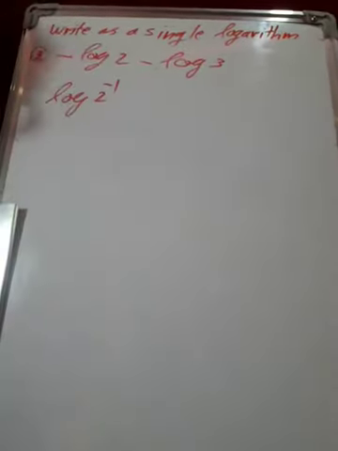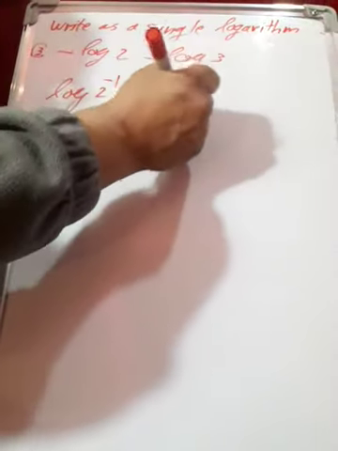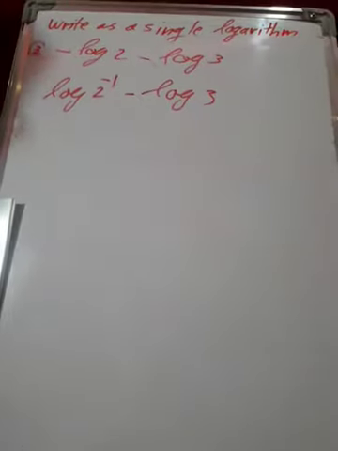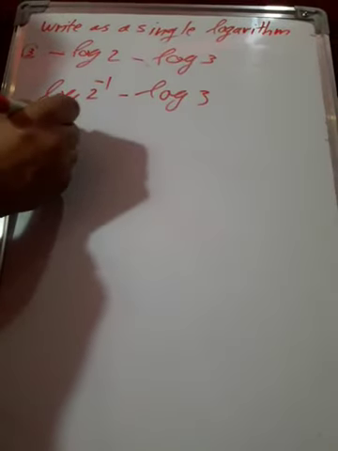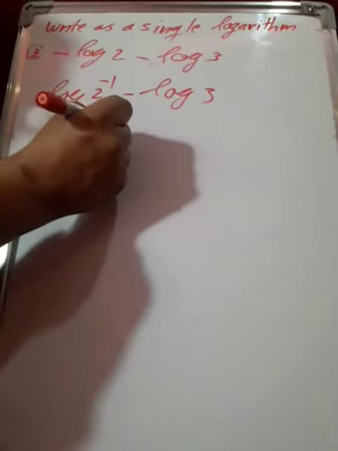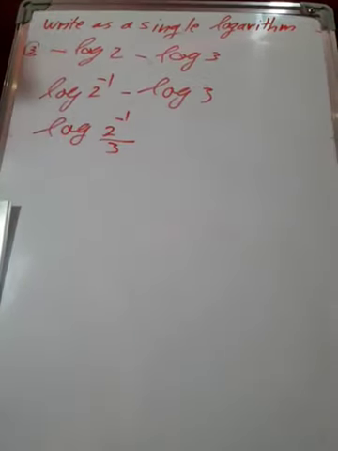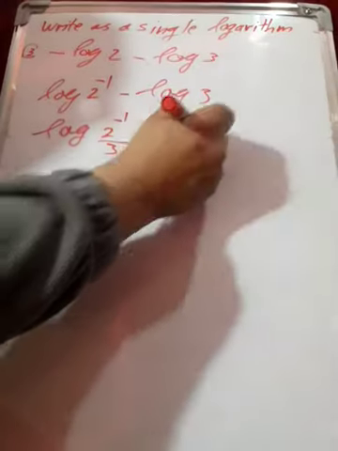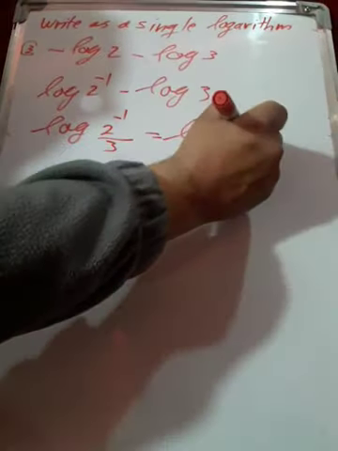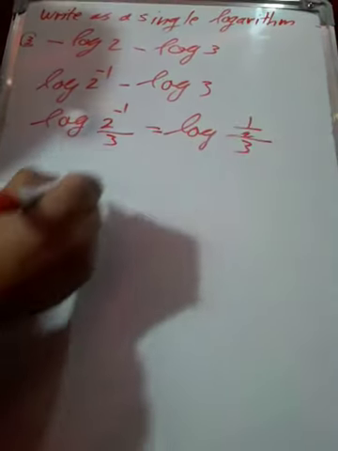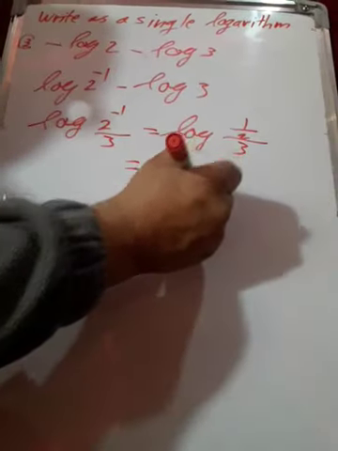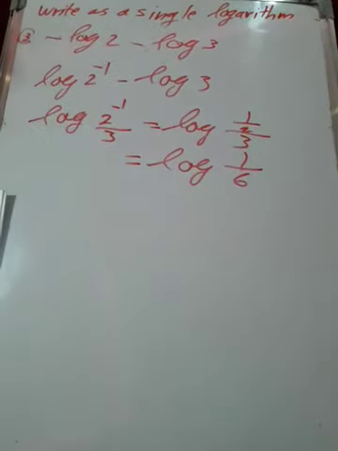This minus, I can put inside as a power of 2, minus logarithm 3. So I'll have logarithm of 2 to the minus 1 over 3. So logarithm of 1 over 2, all over 3, which gives logarithm 1 over 6.